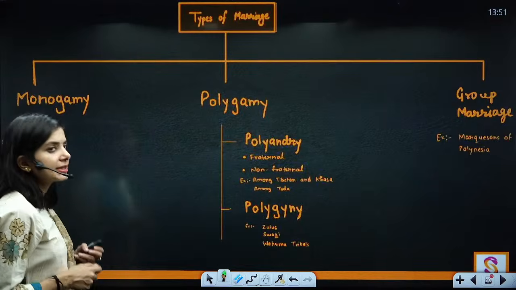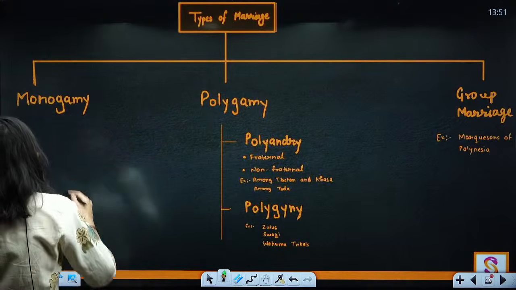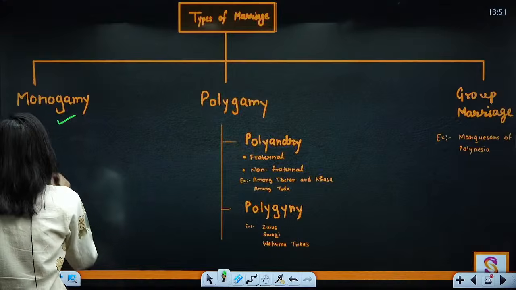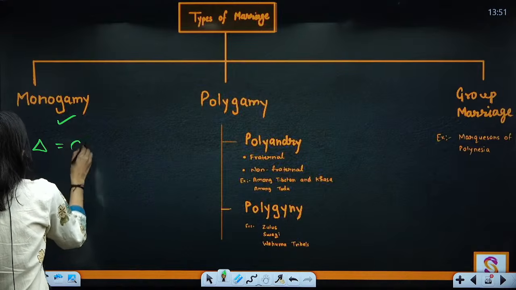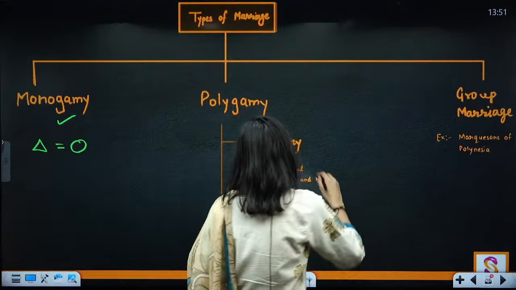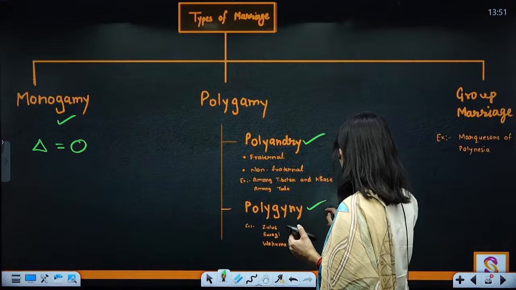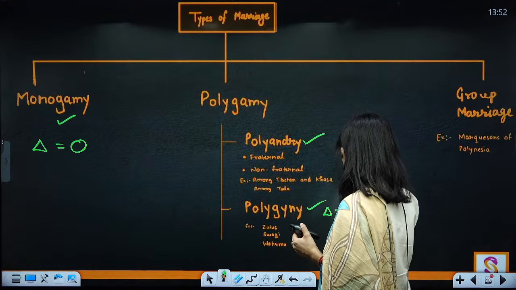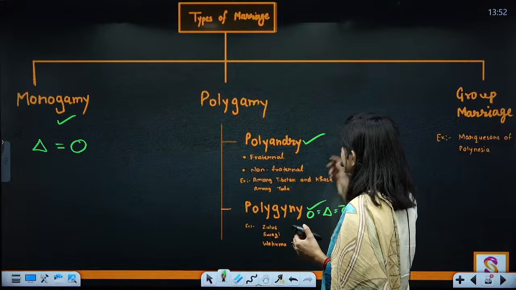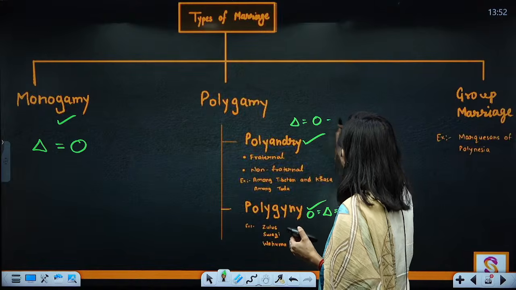Fine, next topic, that is the types of marriages. In terms of types of marriages, we have monogamy, where there is one female and one male, whereas we have polygamy, where we can see two cases, polyandry and polygyny. In the case of polygyny, there is one male and multiple females, whereas in polyandry there is one female and multiple males.